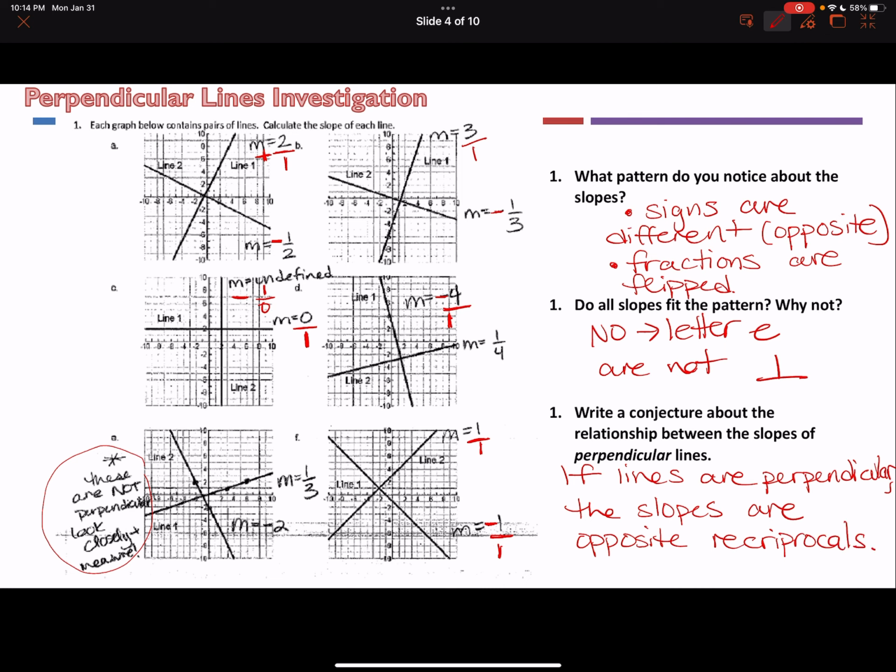Reciprocal is a tricky word to spell. But opposite means we switch the sign. So like one's positive, one's negative. And reciprocals means we flip the fraction. So in other words, we have to flip the fraction and switch the sign, okay?